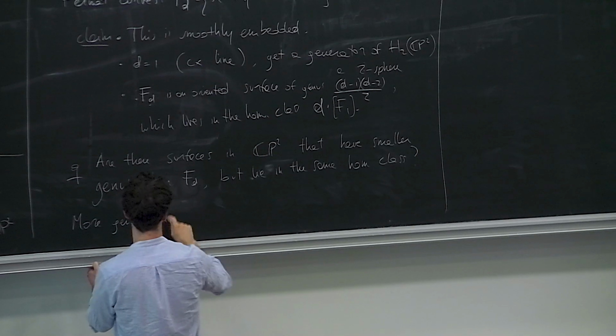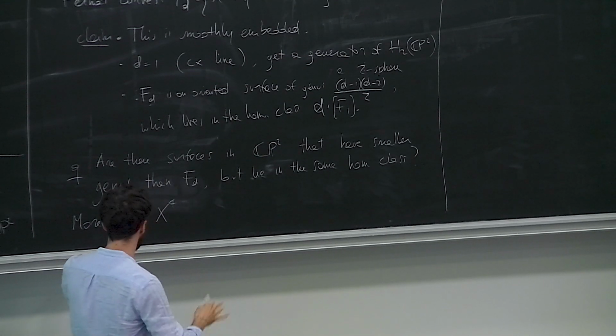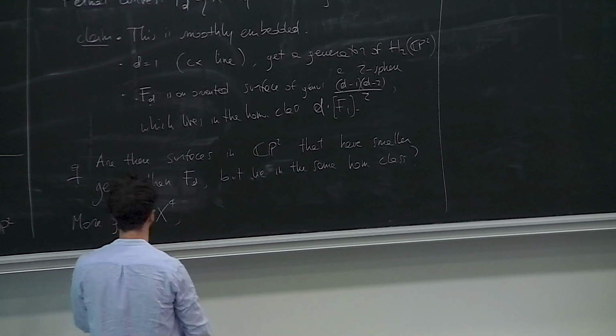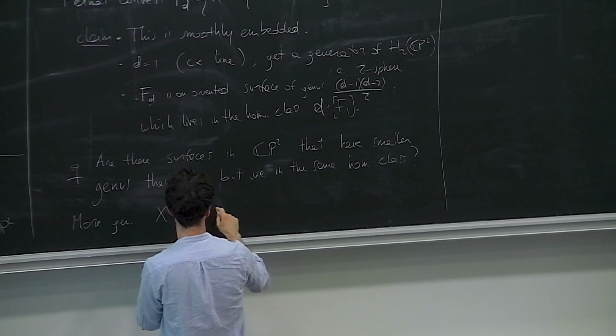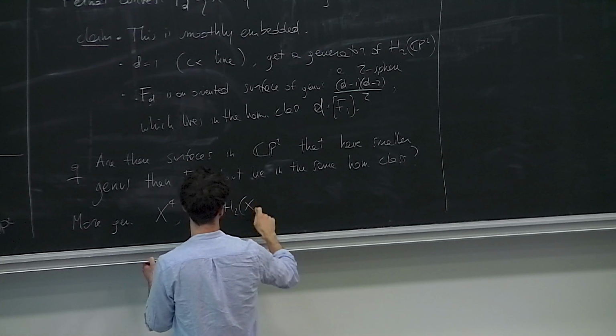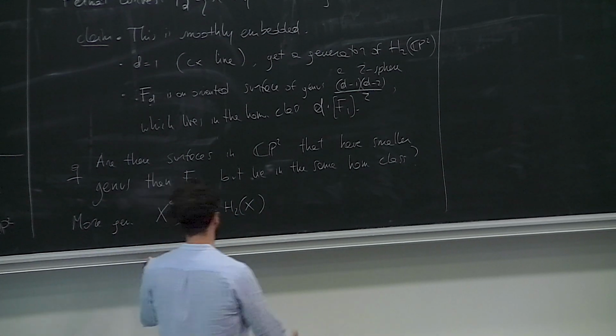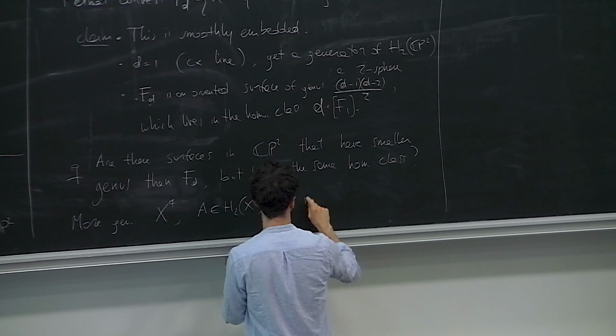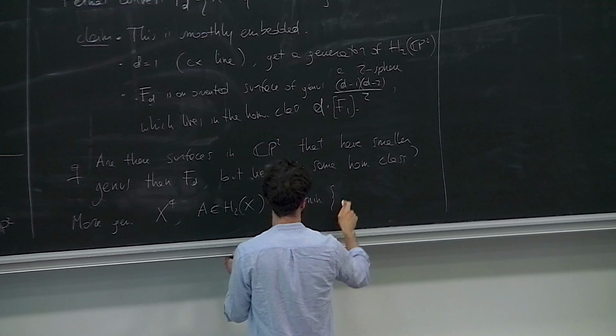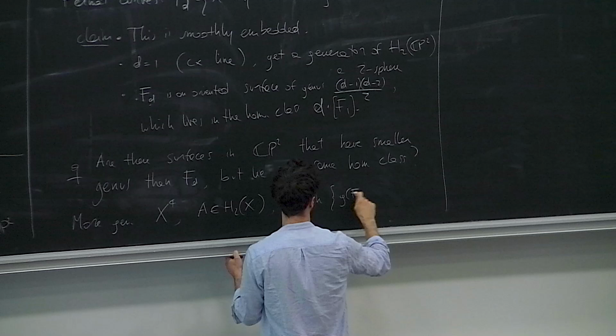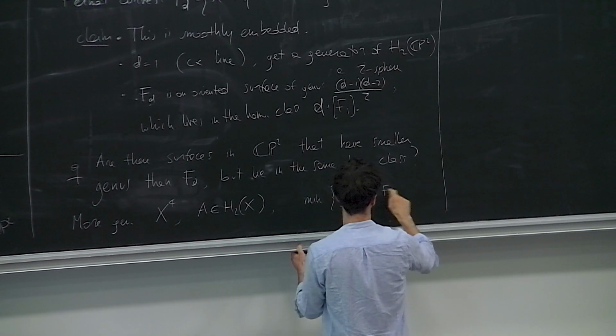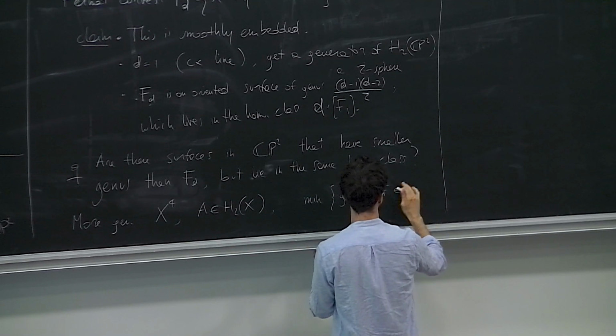If I have a four-manifold, closed, oriented, smooth or not smooth, doesn't matter at this point, and I have a homology class, then I can ask what is the minimum among the genus of all surfaces that are in the homology class.